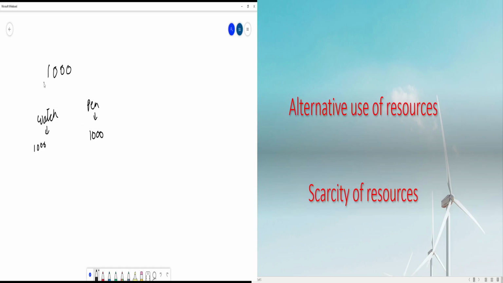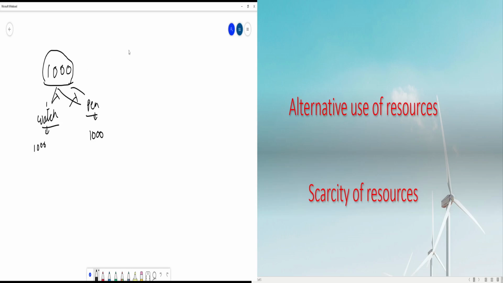Now you only have 1000 rupees, so you can't buy both. You have to buy either one of them, either a watch or a pen, right? So that is what alternative use of resources means, that this 1000 rupees can be used not just for buying a watch but can also be used for buying a pen, or let's say a notebook, anything which you want, right?